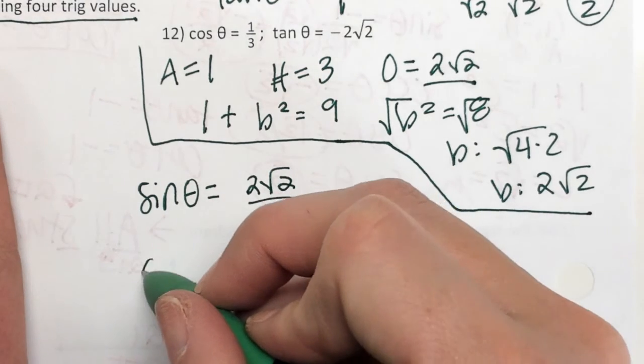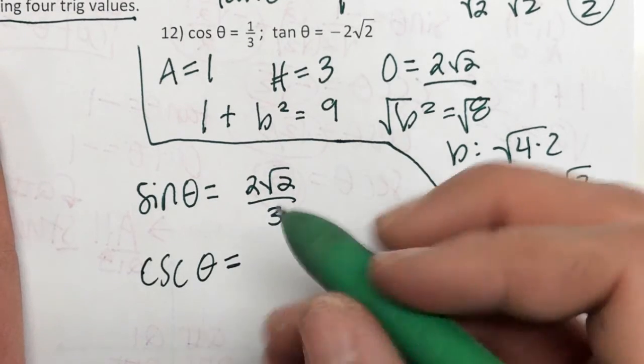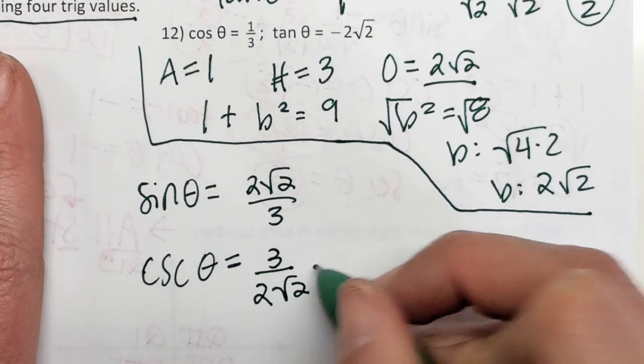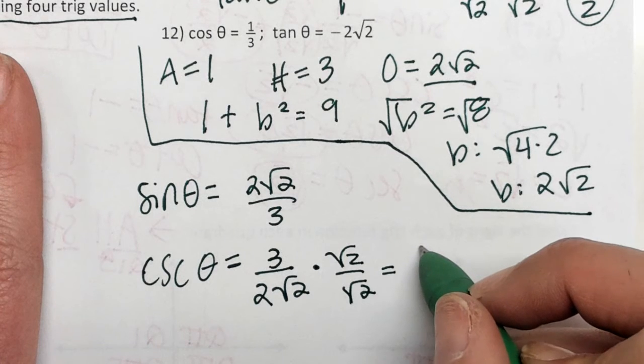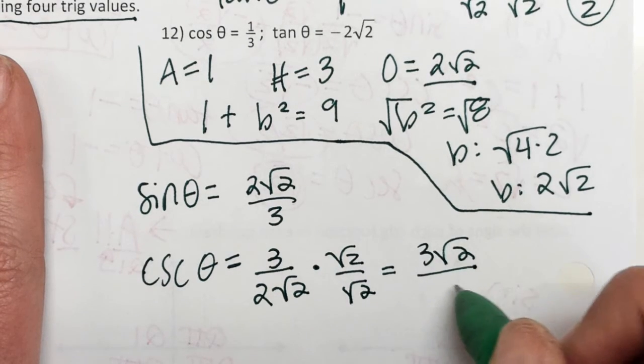Cosecant. Okay. That's the opposite of which one? So it'd be 3 over, and we need to multiply the top and bottom by. Very good. So what we have on top? On bottom? 4. Very good.